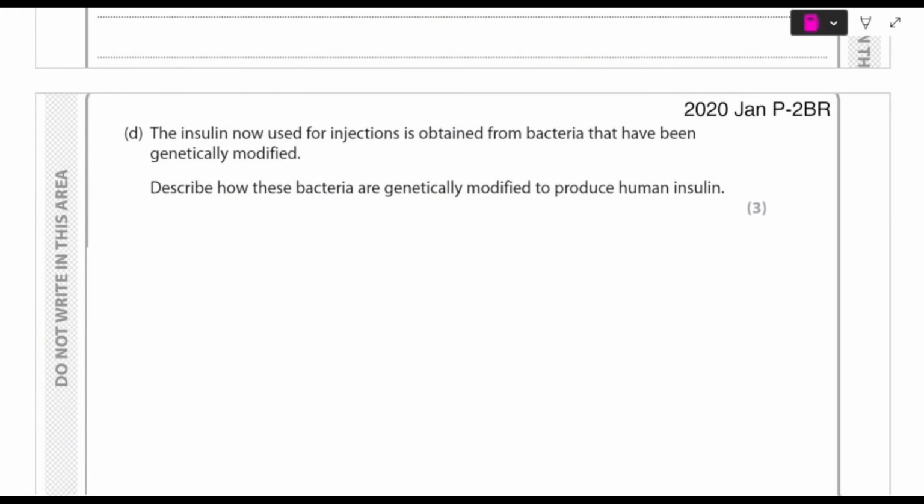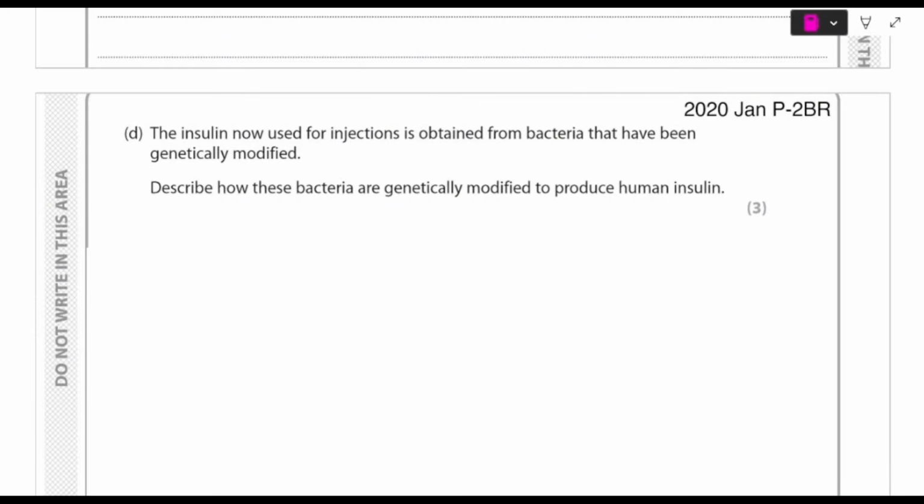Then we have: describe how bacteria are genetically modified to produce human insulin. So basically we have to describe how a bacterium is genetically modified. For modification, we know we are using two specific enzymes.